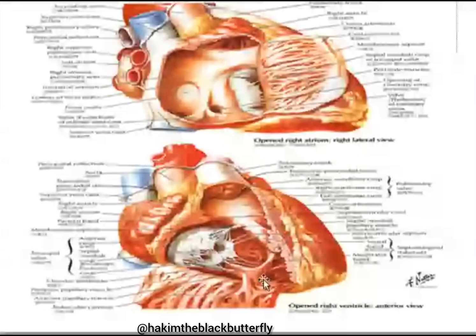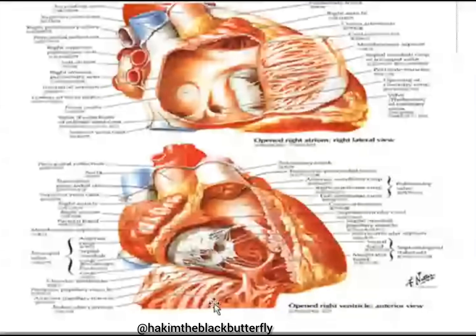It short circuits impulses from the interventricular septum, bringing them to the anterior papillary muscle, so that they reach at exactly the same time like the other papillary muscles, such that valves close at the same time and they open at the same time, because these papillary muscles will now receive impulse at the same time and contract at the same time and relax at the same time. And it is only located in the right ventricle, and it is the distinguishing feature in the right ventricle.